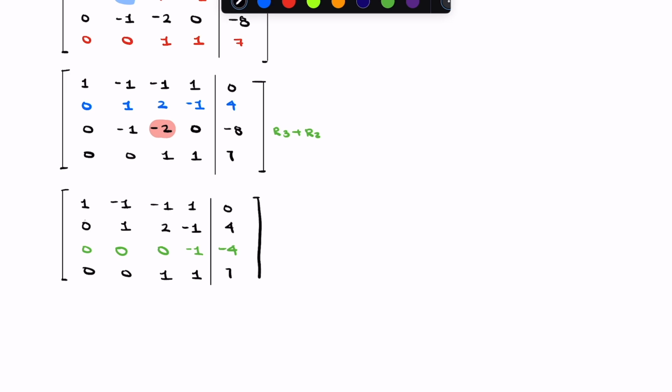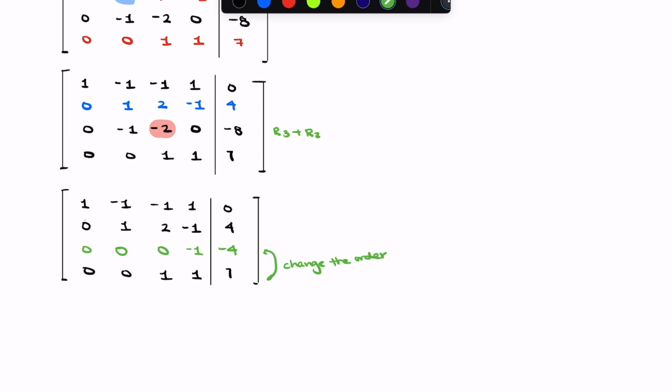And what you might notice here is that what we just changed in terms of row 3 looks like something that should be in the last row. So what we should do here is change the order between row 3 and row 4.